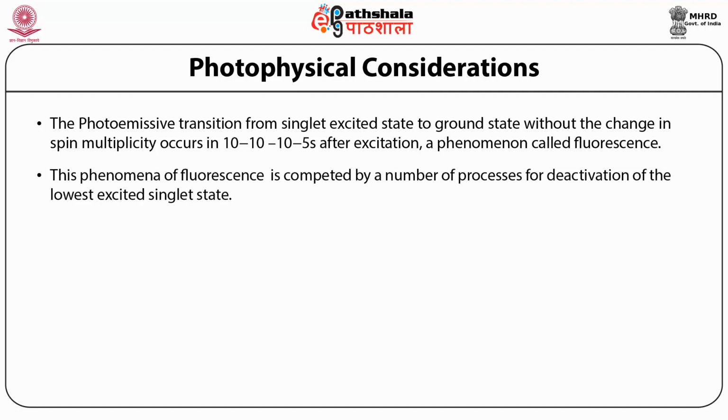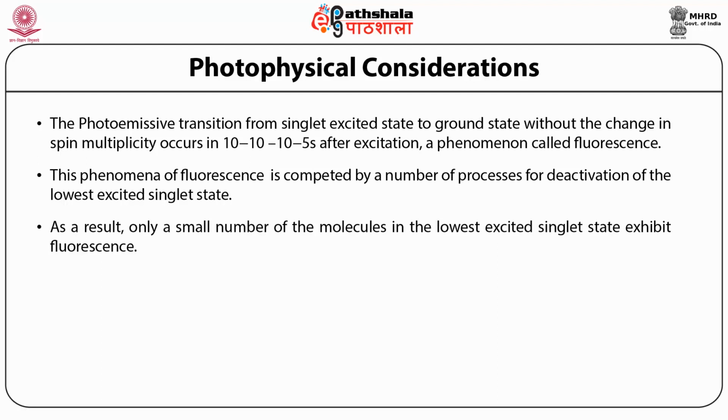This phenomenon of fluorescence is competed by a number of processes for deactivation of the lowest excited singlet state, and as a result, only a small number of molecules in the lowest excited singlet state exhibit fluorescence. That means not all molecules that absorb energy and go into the excited state return back by radiating the energy in the form of light.